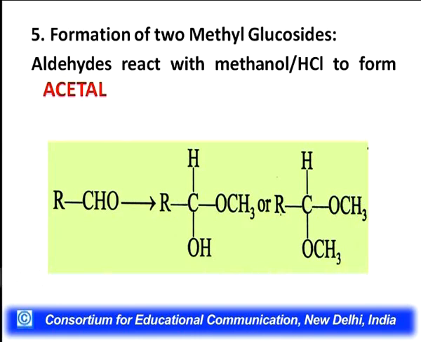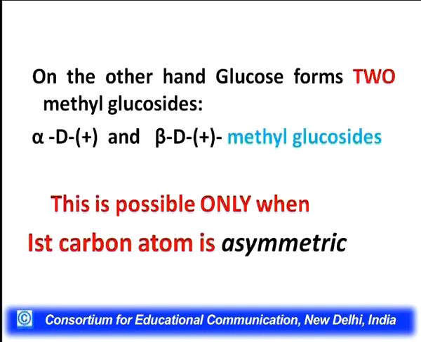But when we talk of glycosides or the hemiacetal of glucose, glucose, being a hemiacetal molecule, will give us two acetals. That is, it will give us alpha D and beta D methyl glycosides, which could not be explained on the basis of the open chain structure of glucose.